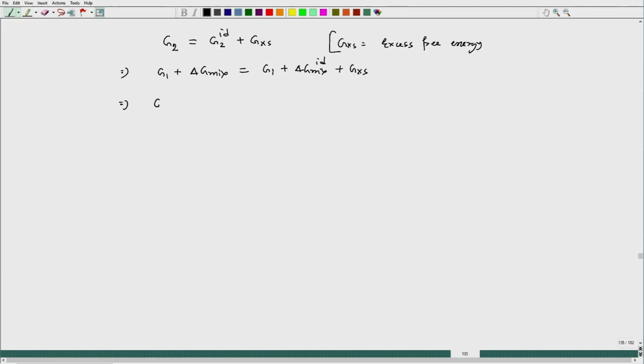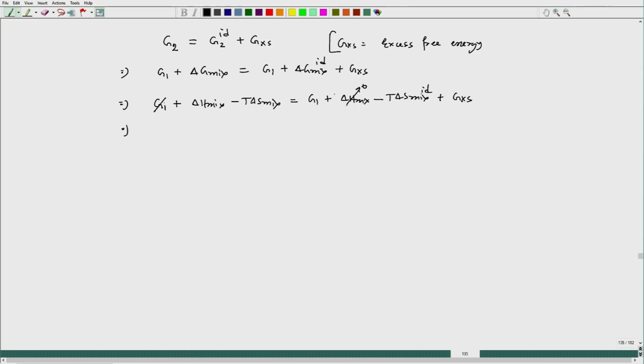It can be written as G1 plus delta Hmix minus T delta Smix, equal to G1 plus delta Hmix, which is 0 in the case of ideal, minus T delta Smix ideal plus G excess.